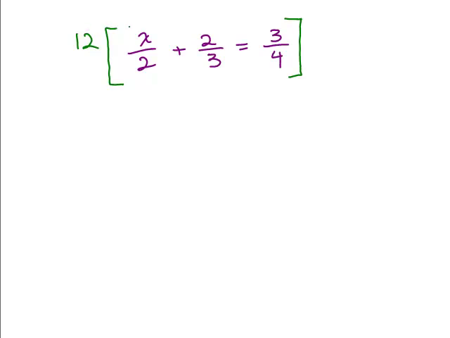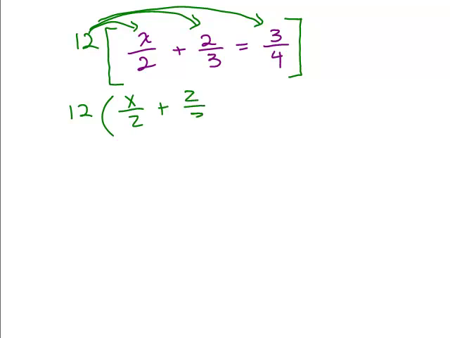So we're going to multiply all terms on both sides of the equation by 12. By the way, if you want to do it the way it's shown in most books, you would put 12 times x over 2 plus 2/3, and then show on the other side you're also multiplying by 12.